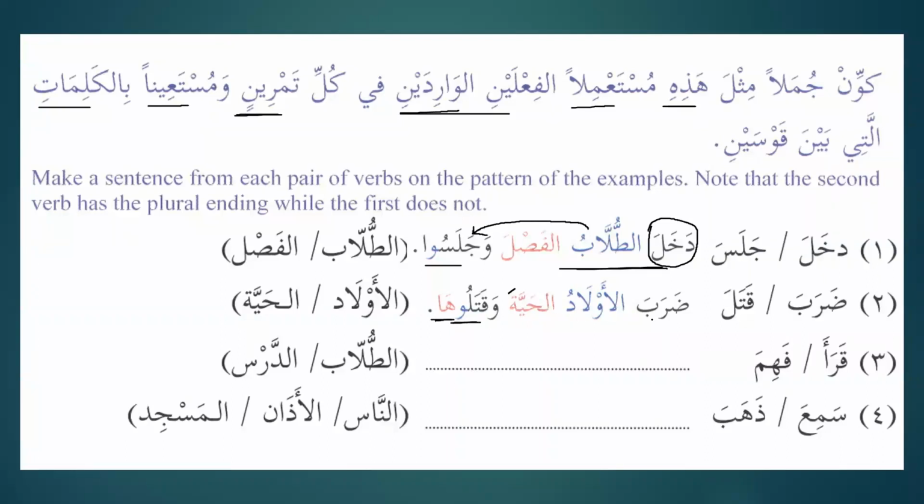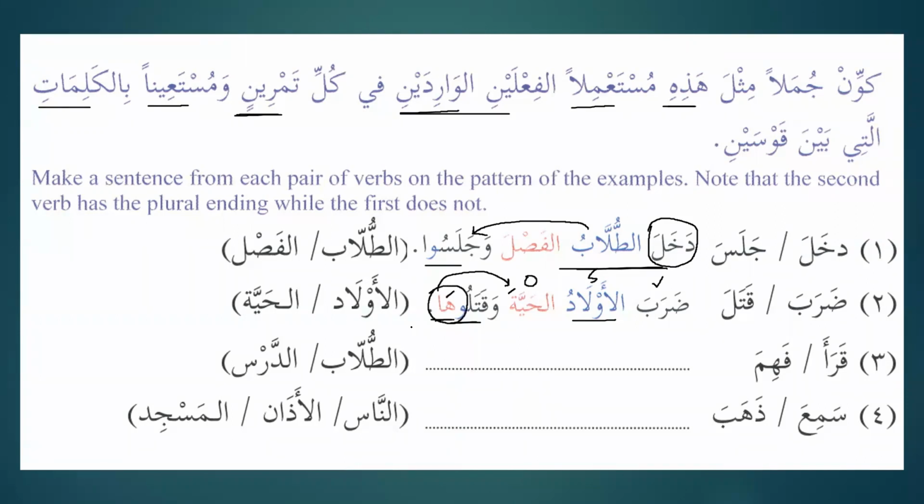So here ضرب is the verb, الأولاد is the subject, and الحية is the object. And قتلوا, they killed. Ha refers to the snake, which is the attached pronoun. And we have learned that the attached pronoun is always used as an object in a verbal sentence.